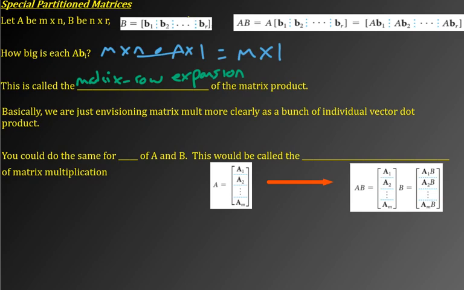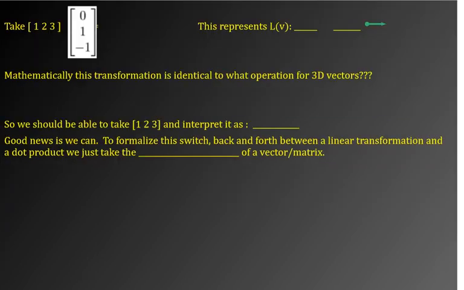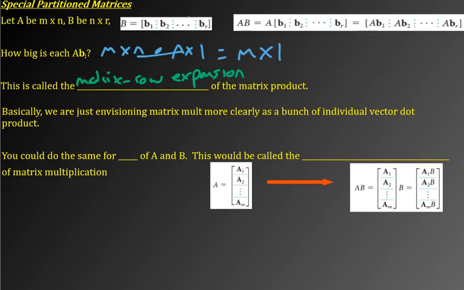And I'm going to talk about this in a second over here, but you can view a dot product as really simple, basic matrix multiplication between just two super simple matrices. But this is the way that we envision the complete behavior of all the dot products, how they work together. And you can do the same if you partition across.